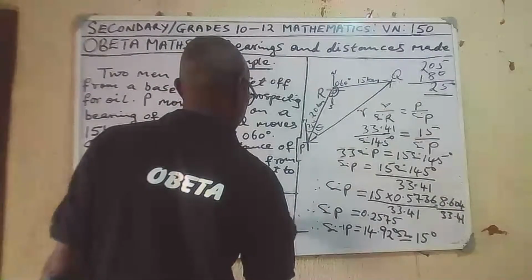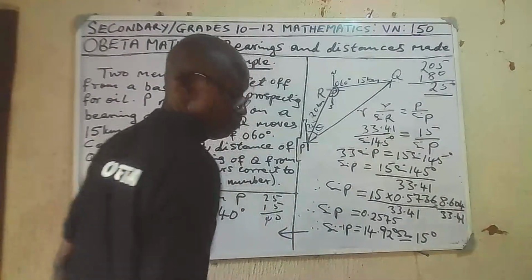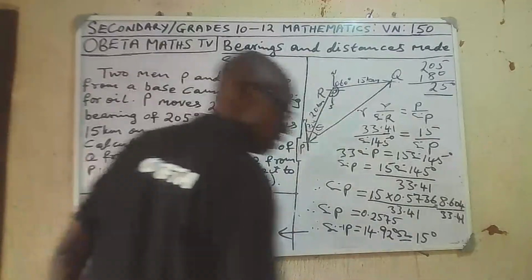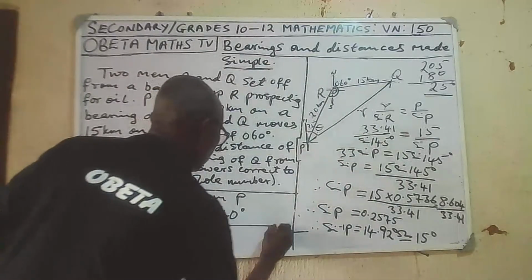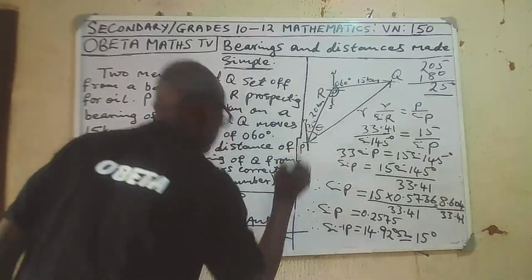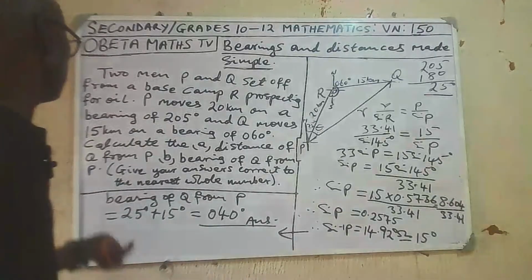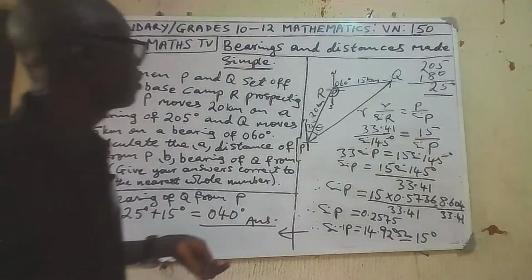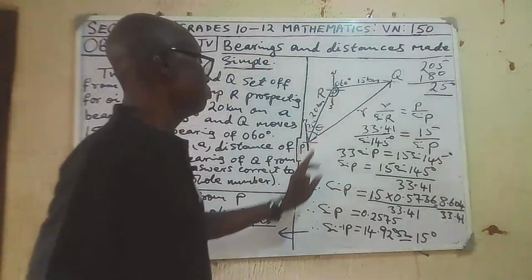So that is 040 degrees. So we have succeeded in calculating the bearing of Q from P as well as the distance of Q from P.